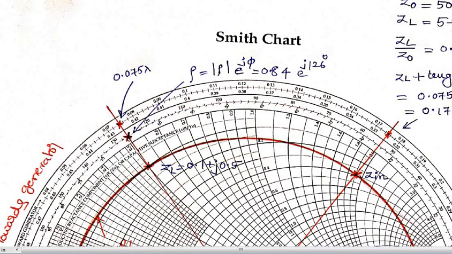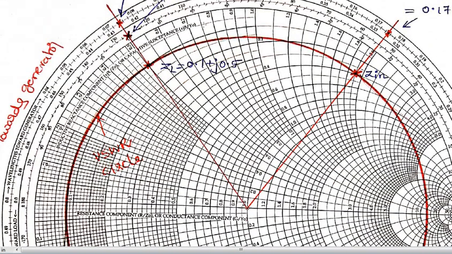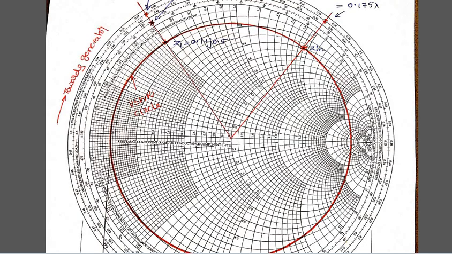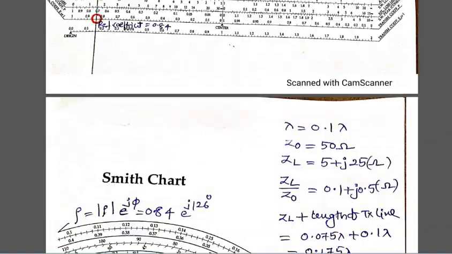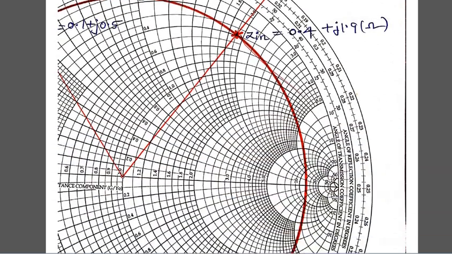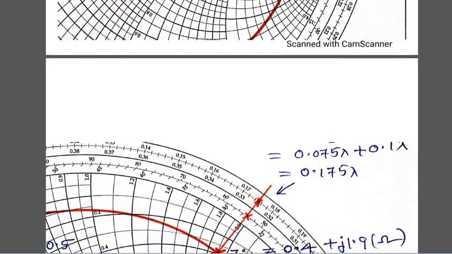See this arc: 1.8 to 2 means a value in between, 1.9. So Z in was given as Z in equals 0.4 real plus j1.9. With these few parameters we observed.